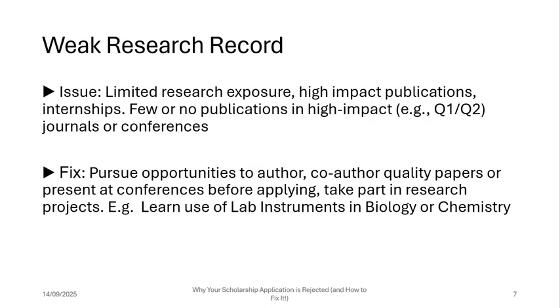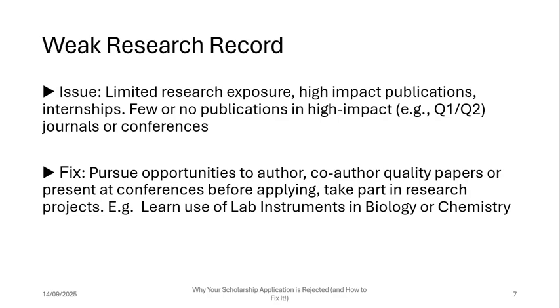The next rejection reason, and one of the biggest, is a weak research record. This is especially true when you are applying for a master's or PhD degree and you don't have research exposure, or you don't have any research publications with your name as a first author or main contributor, or even if you have publications, they are in low impact journals and unknown conferences.